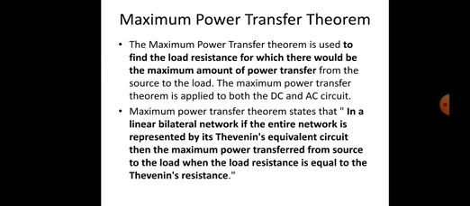It is applied to both DC and AC circuits. It states that in a linear bilateral network, if the entire network is represented by its Thevenin equivalent circuit, then the maximum power is transferred from source to load when the load resistance is equal to the Thevenin's resistance.